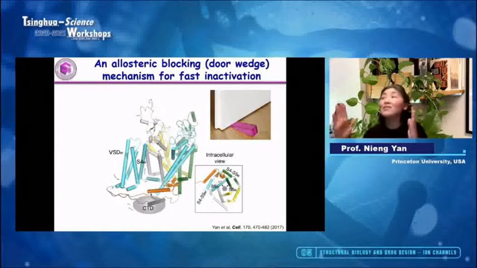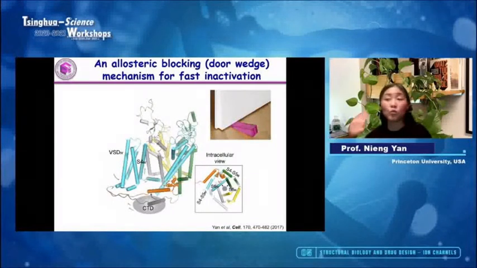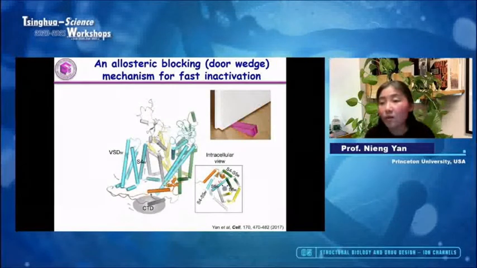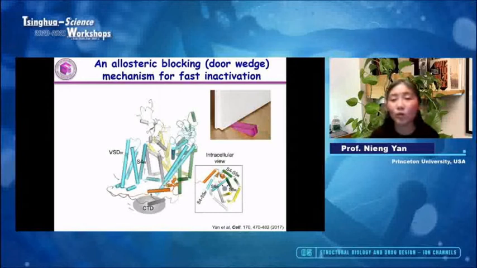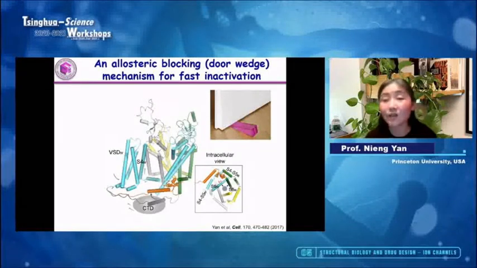One is you directly stand there to block it, and another is you push the door to close. By squeezing the door to close, this channel has the advantage of avoiding leakage, because if you just block the intracellular gate, when you remove the blocker, there can be potential ion leak. So that's why we propose this allosteric blocking or door wedge model to account for fast inactivation.